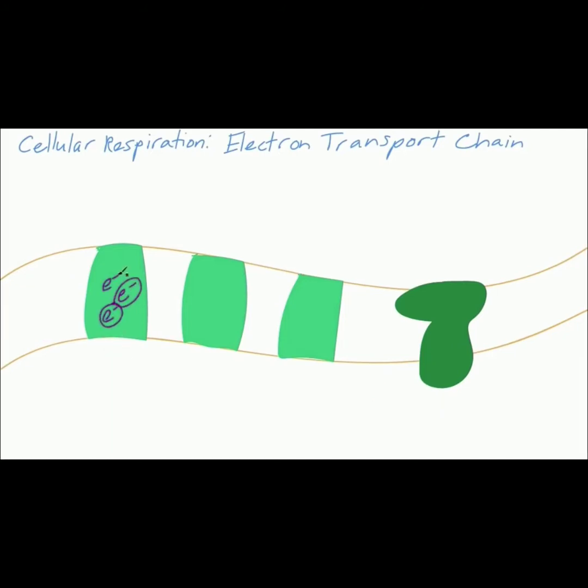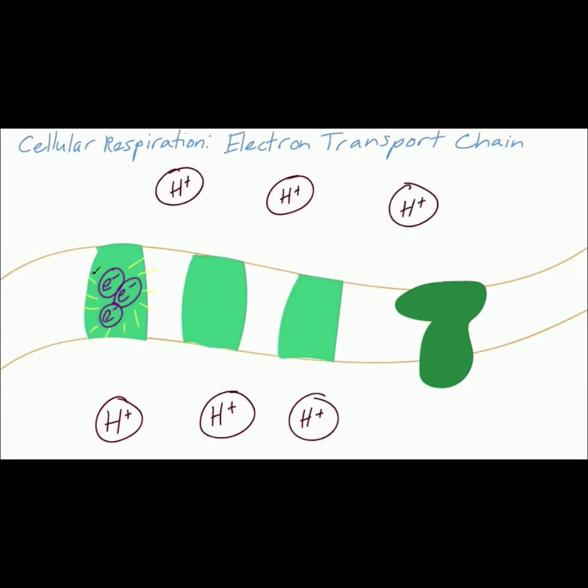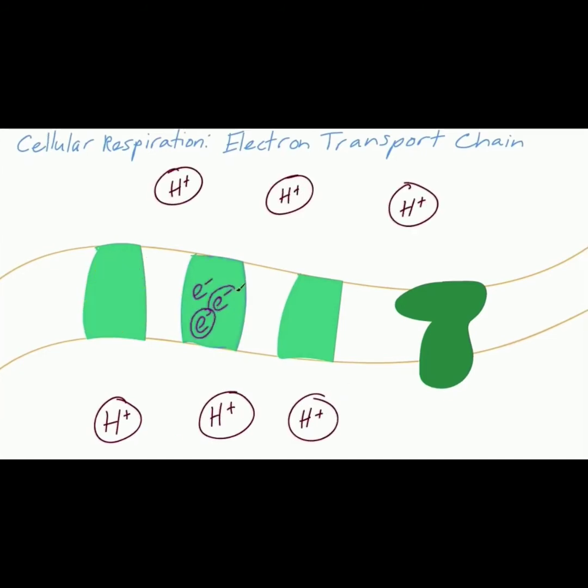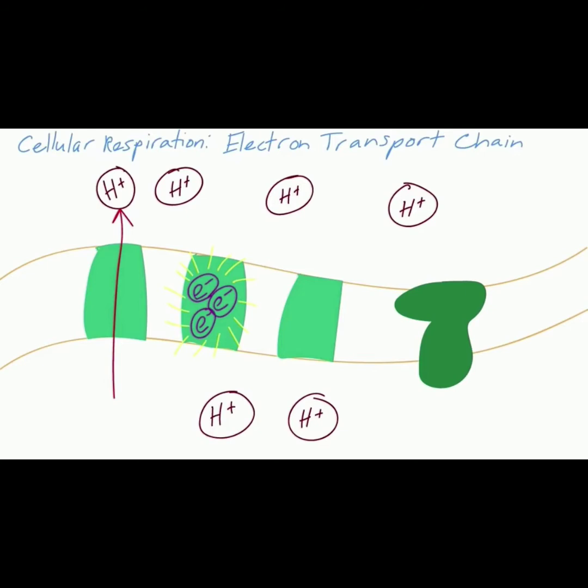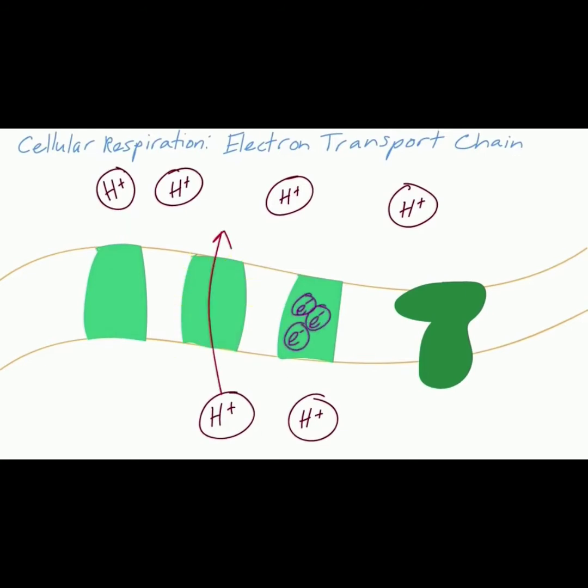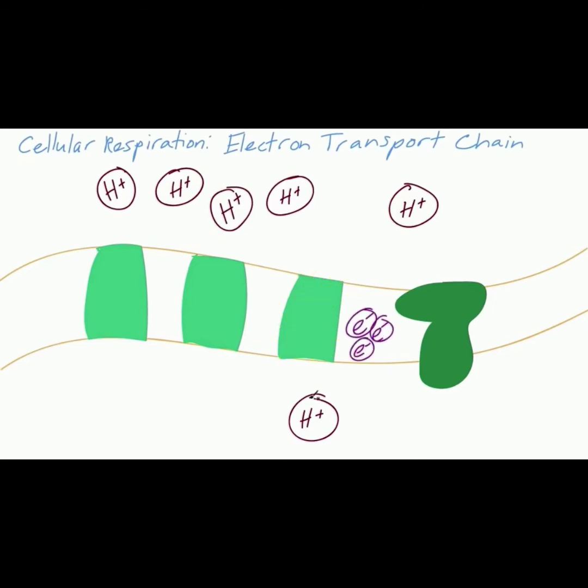The energy released by the electrons powers these transport proteins, allowing them to pump hydrogen ions to the other side of the membrane. The electron is passed along to several proteins. As a result, there is a high concentration of hydrogen ions on one side of the membrane.